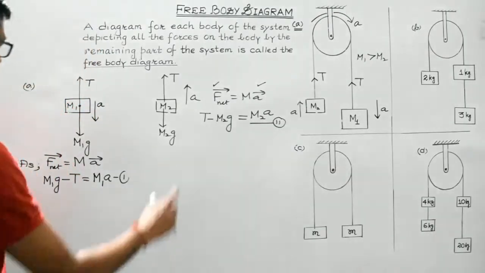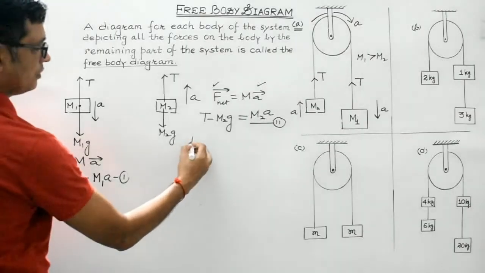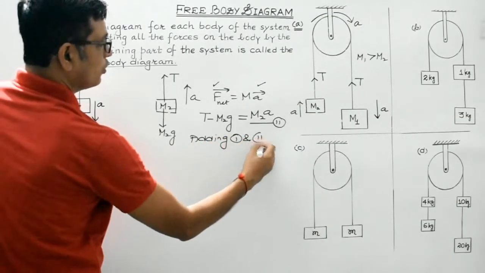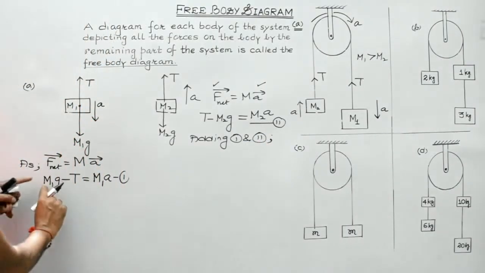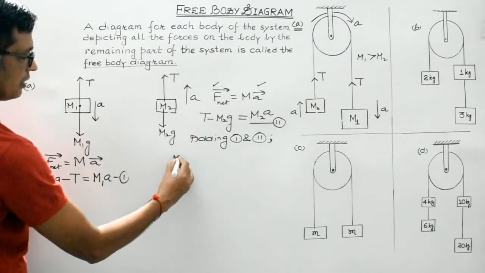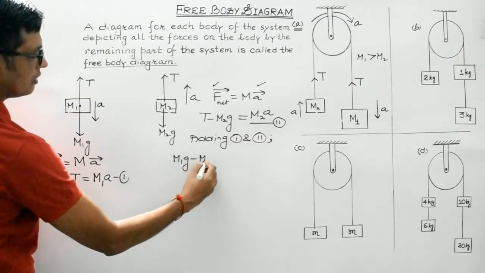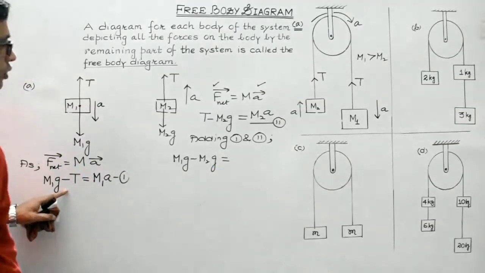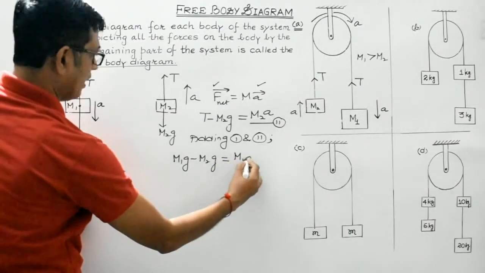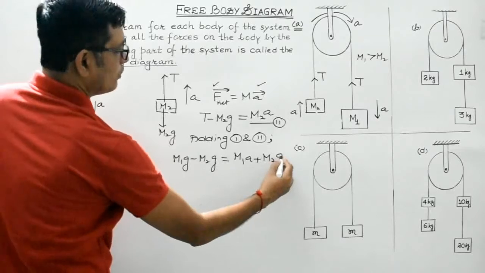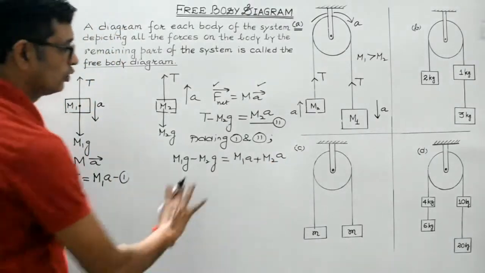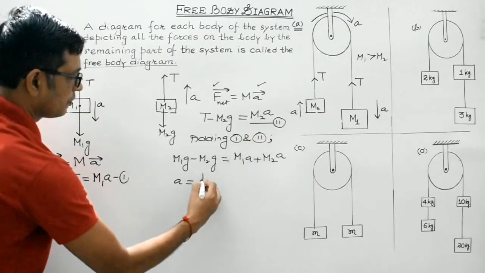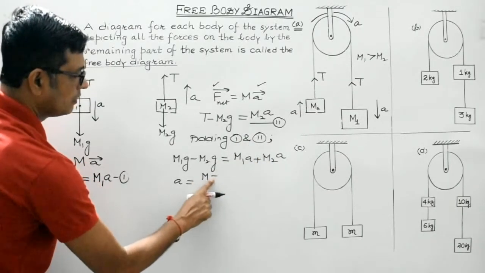Let's solve it. If we add these two, adding 1 and 2, what we get is M1G minus M2G, right? Minus T plus T get cancelled. So it will give us M1A plus M2A. Am I clear, students?